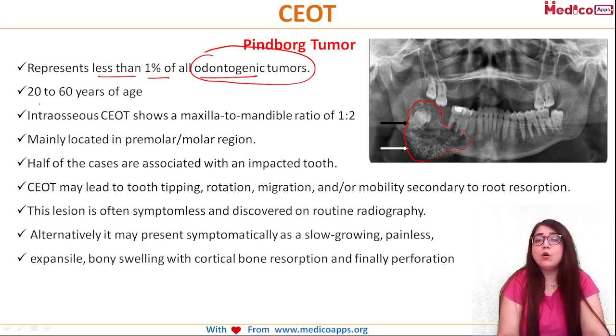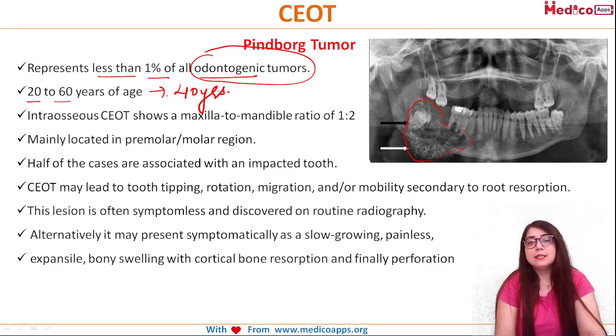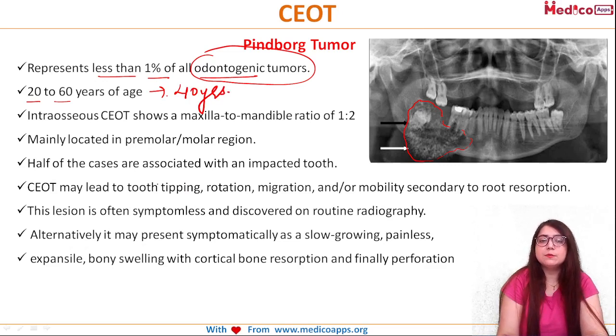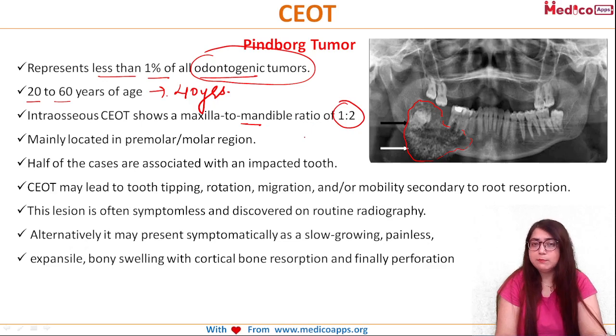Second is the common age for this tumor, that is Pindborg tumor, is 20 to 60 years of age, and the mean age is 40 years. Now coming on to the maxilla-to-mandible ratio, it is more frequently seen in the mandible, and the ratio is 1:2, maxilla to mandible, right? Now it is mainly located in the premolar and molar region.